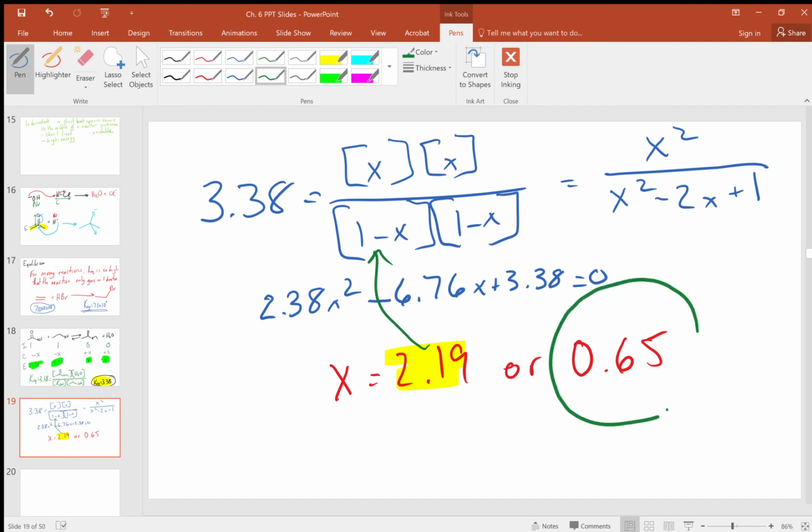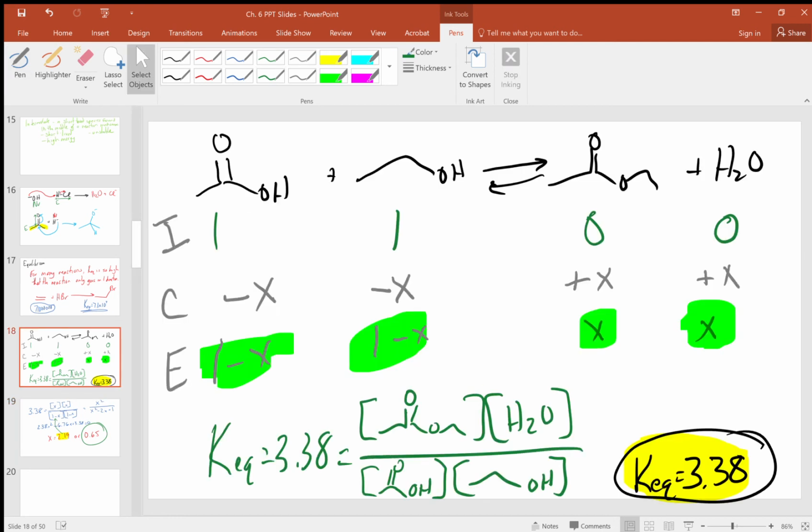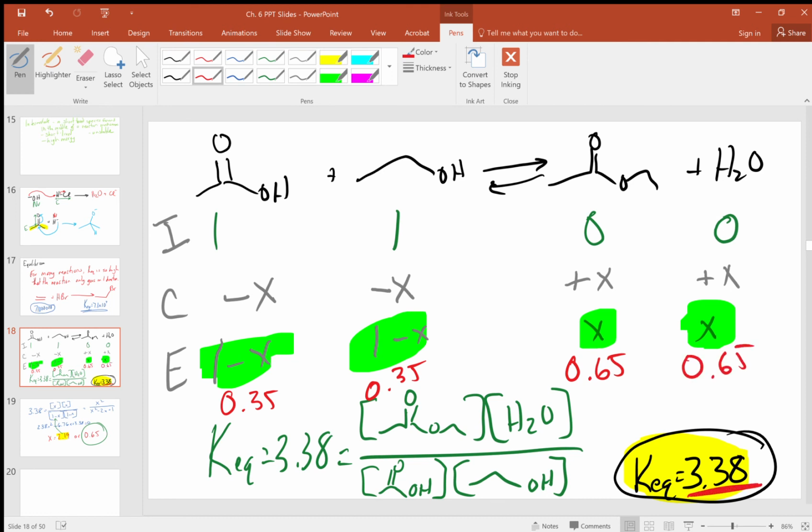So what we really need is the 0.65. And so if we fill that in here, what this tells us is that for this reaction with an equilibrium constant of 3.38, no matter what we do, only about 65% of the starting materials can be converted to product.